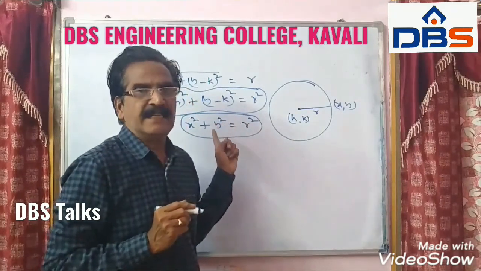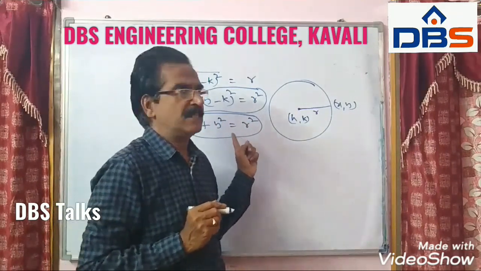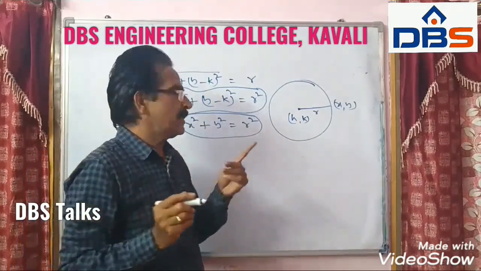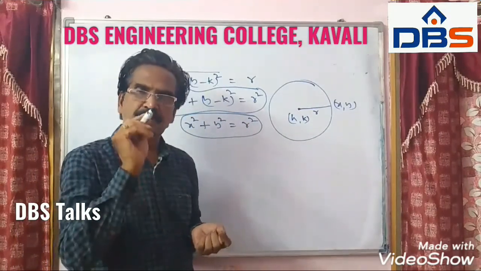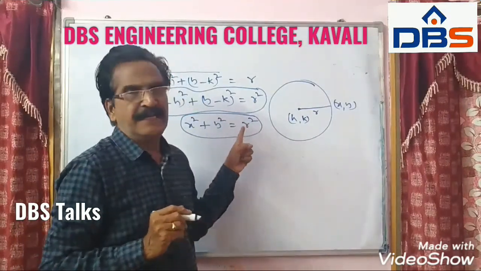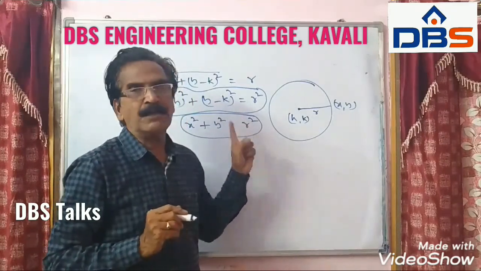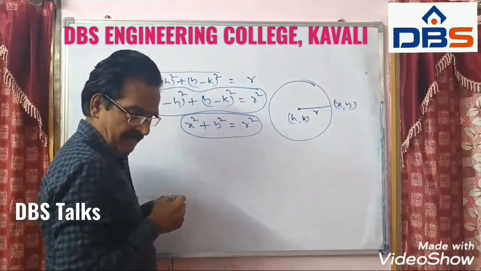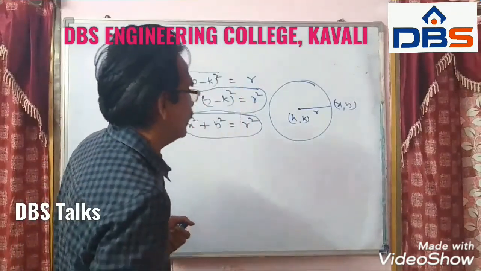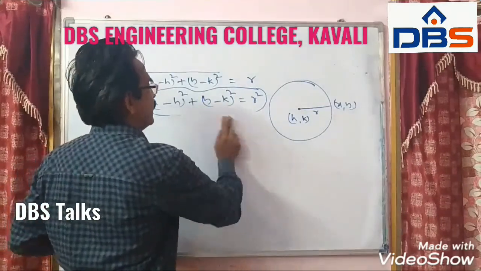This is another equation friends. So if an equation is in this form, then the center of the circle is 0 0 and radius is r units.